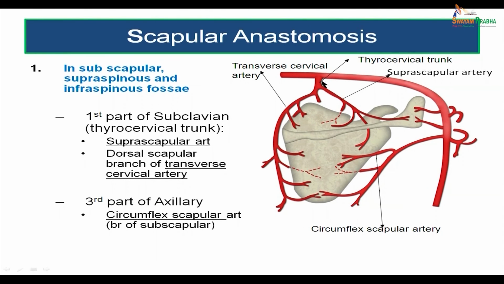From the first part of the subclavian artery through the thyrocervical trunk, we have the branch called the suprascapular artery and a branch called the transverse cervical artery, which gives the dorsal scapular branch. They anastomose in the supraspinous fossa with a branch coming from the third part of the axillary artery, the circumflex scapular artery, which is the branch, as we have already studied, of the subscapular artery.